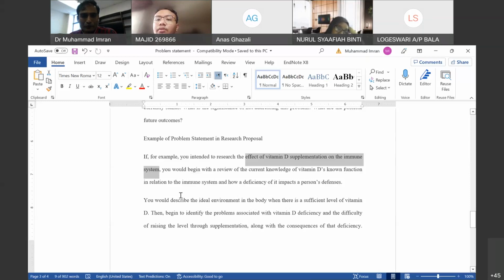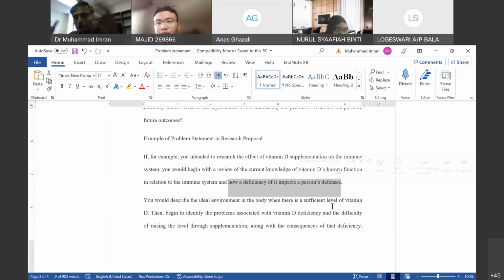Anyway, move forward. In relation to the immune system, how a deficiency of it impacts a person's defense. Another thing, the negative aspect we have to discuss as well. If we cannot afford it, it means we have to miss the lecture. If we miss the lecture, it means we are far behind our colleagues, our fellows.